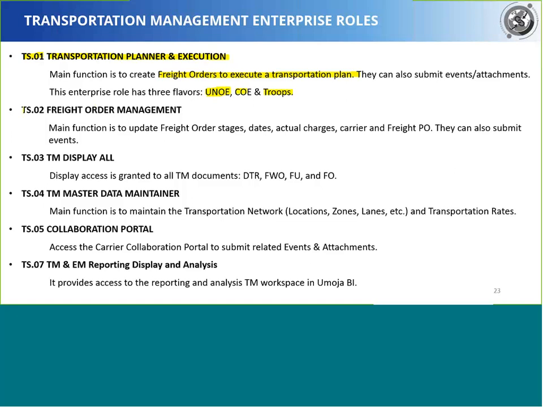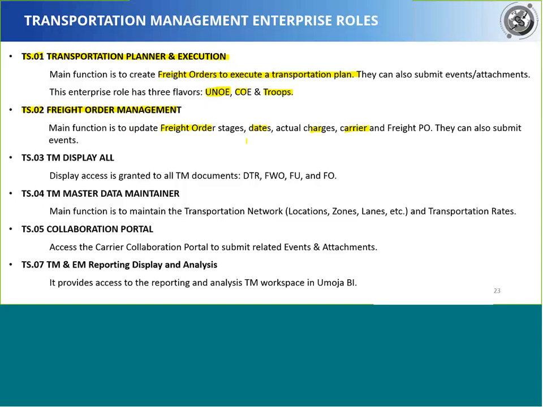Then we have another role that is the FO manager. This role cannot create the freight order, so they cannot perform planning, but they have been granted access to the freight orders to modify the dates, the charges, the carrier.